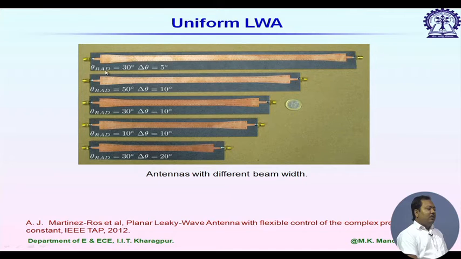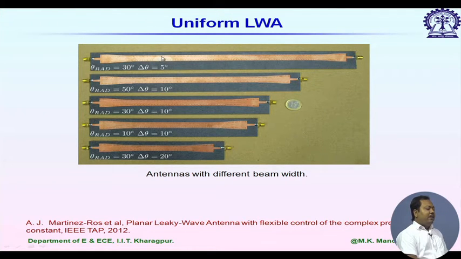Now, theta rad, for the first example at some given frequency the beam is placed at 30 degree, in the second example it is at 50 degree. It is also possible that for the same theta rad they are changing the beam width to 10 degree. In the first example it was 5 degree, in the third example it is changed to 10 degree.